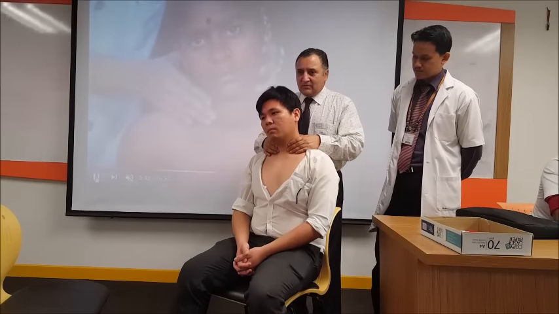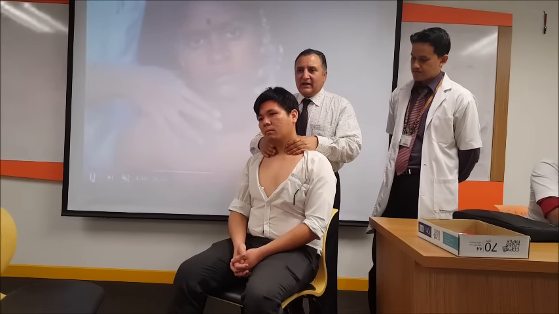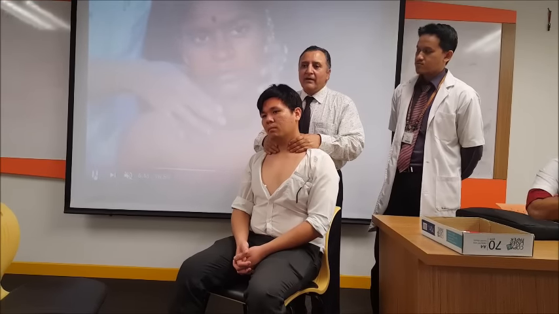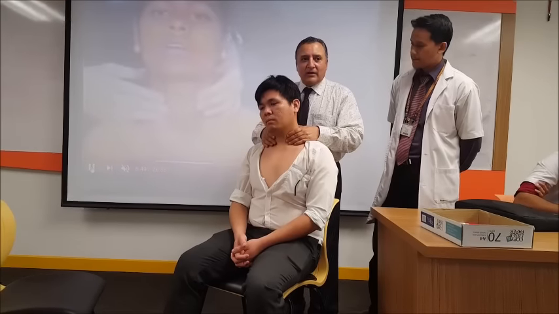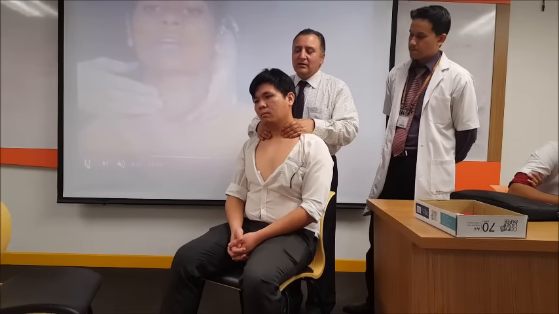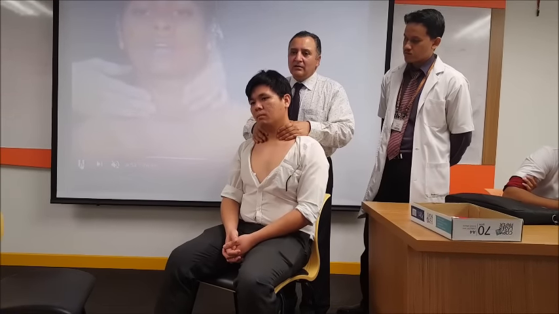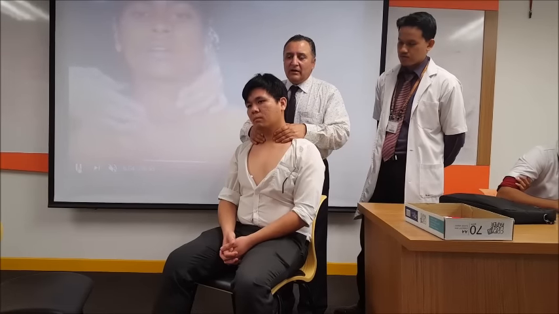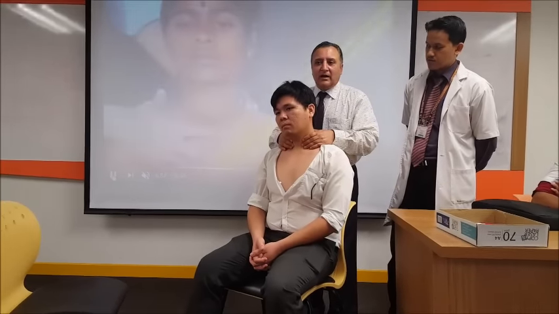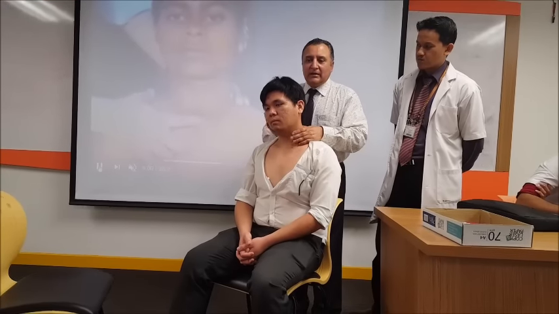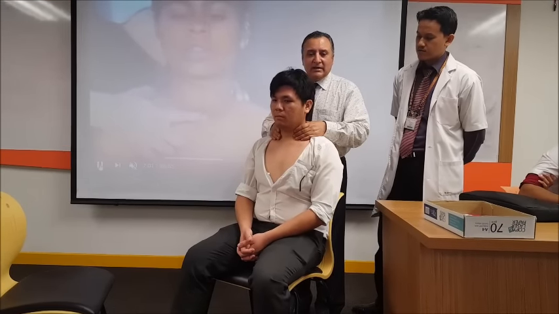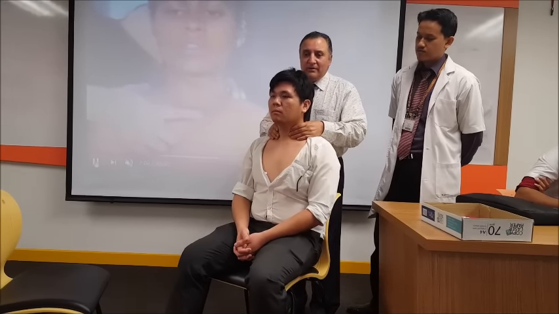It is more towards the lateral side than in the midline. And I also look for the borders, and the consistency is firm.